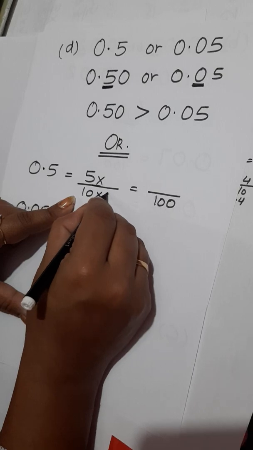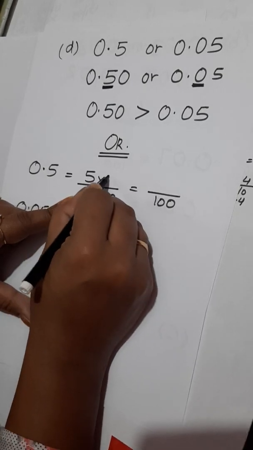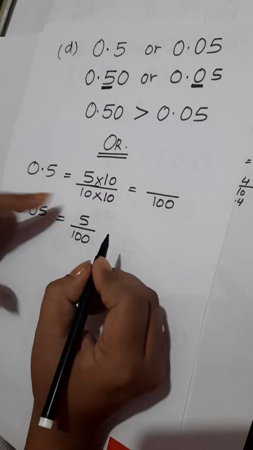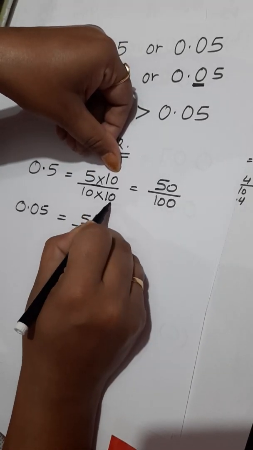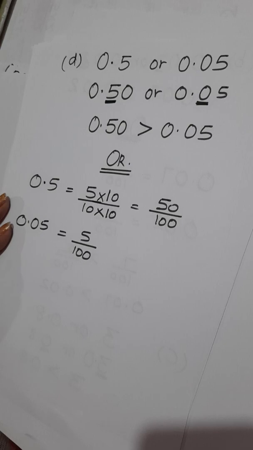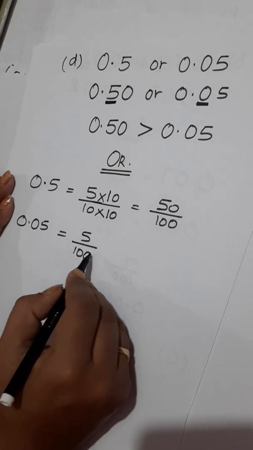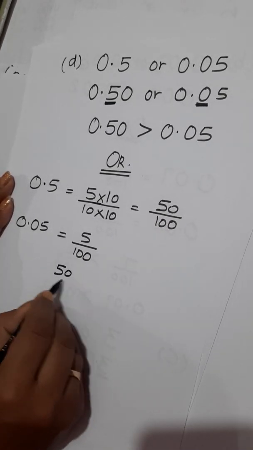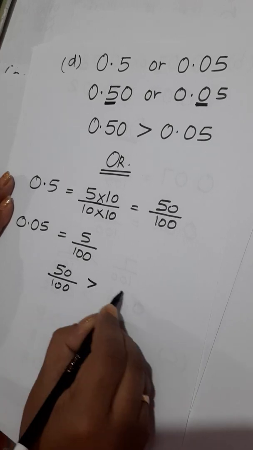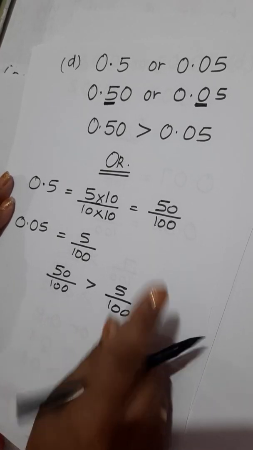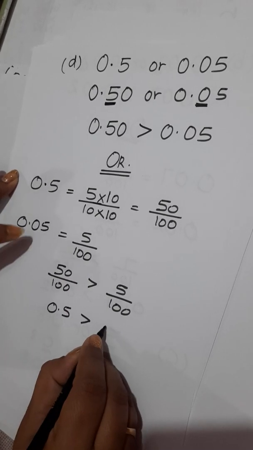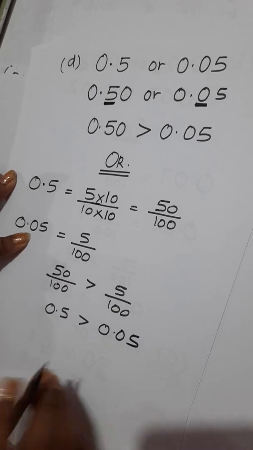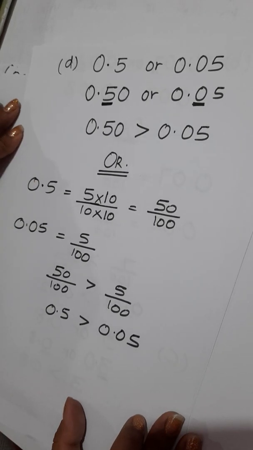Multiply by 10 in the denominator as well as 10 in the numerator. So 5 tens are 50, and 10 tens are 100. Now if I compare both, 50 upon 100 is greater than 5 upon 100. 50 upon 100 is 0.5, which is greater than 0.05. So this is our D part.